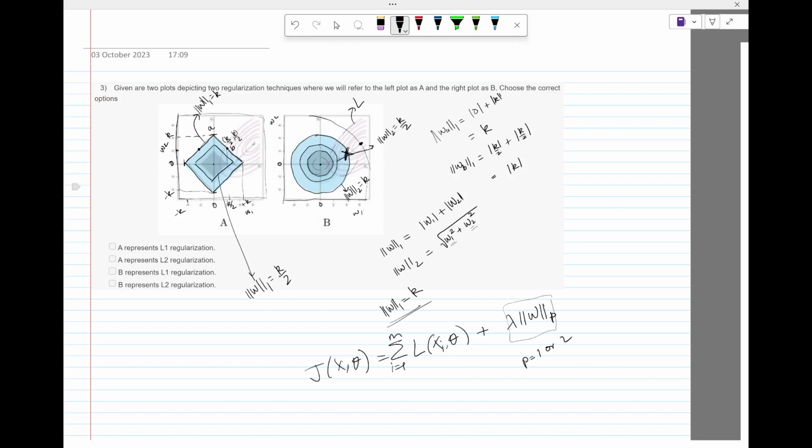Same will be the case with L1 norm. But here the region where L1 norm is constant is sort of different, the contour. So what L1 norm tries to do is it forces sparsity in your parameters compared to your L2 norm.